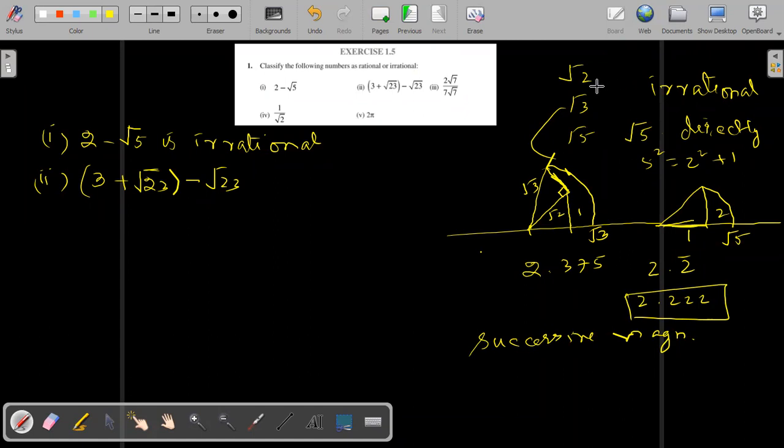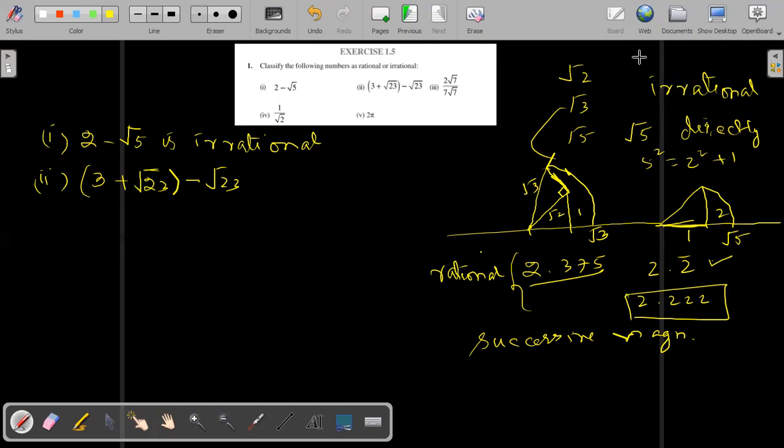Non-terminating, non-recurring decimals are irrational. This is non-terminating recurring, so it is rational. This is terminating decimal, and this is non-terminating repeating decimal. So both are rational numbers, and this is an irrational number.